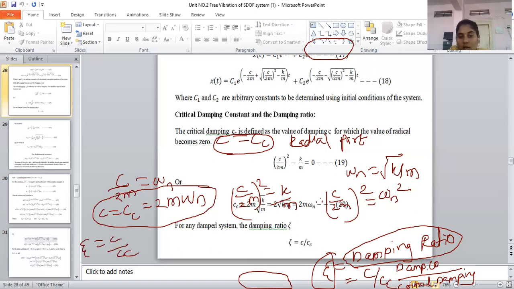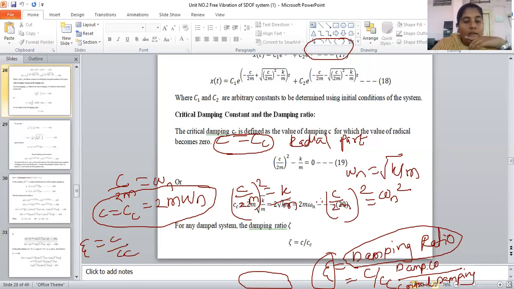So you should understand these two parameters from this slide. I hope all of you have understood what is C and Cc and what is zeta. So first understand zeta: it is a ratio of the coefficient C towards Cc, that is the critical damping. Okay, so write down fast so we can move forward to the next step.